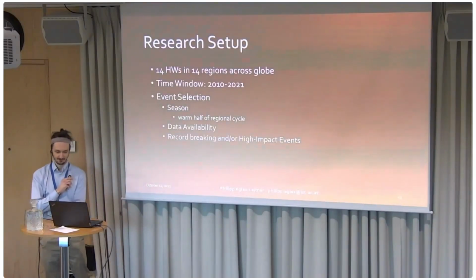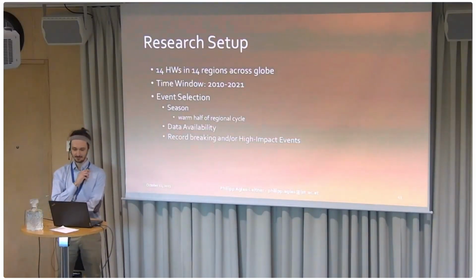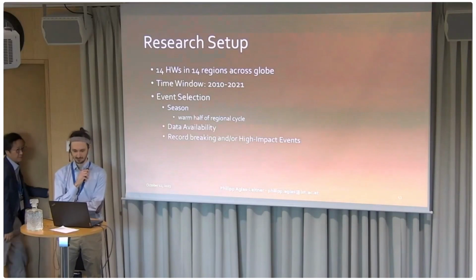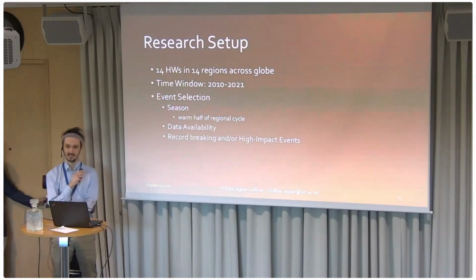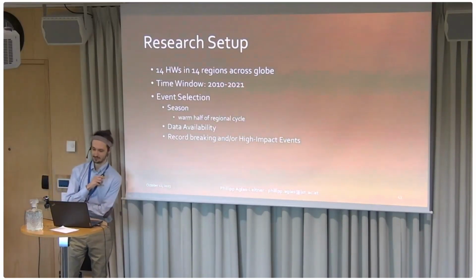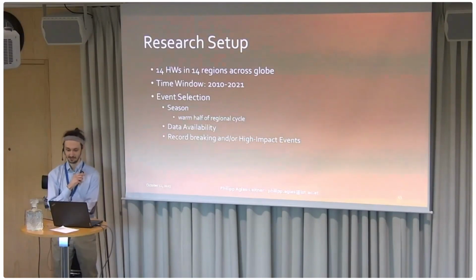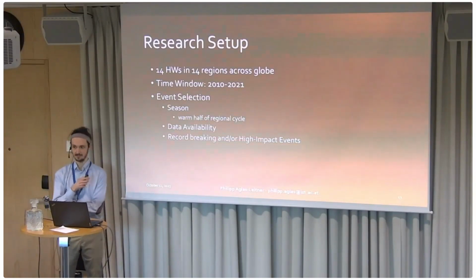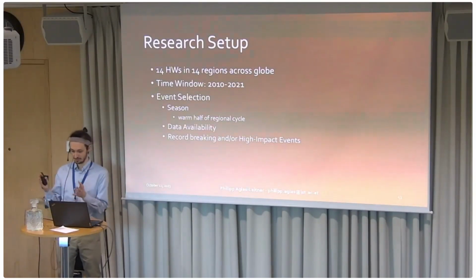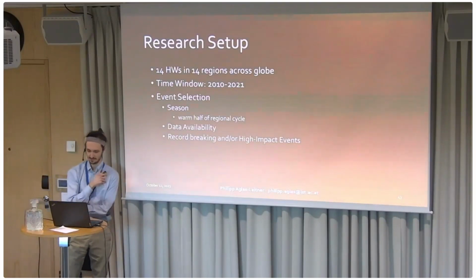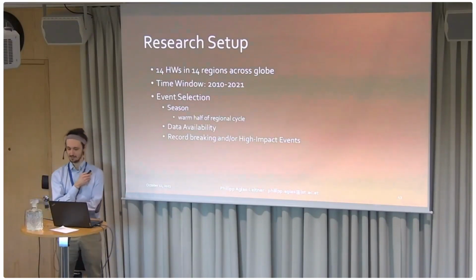We selected our 14 heat waves mainly based on 3 parameters. The first one is that they had to occur during the warmest 6 months of the respective region's yearly cycle. So we're talking about basically summer events, more or less, extended summer events. The second was data availability.